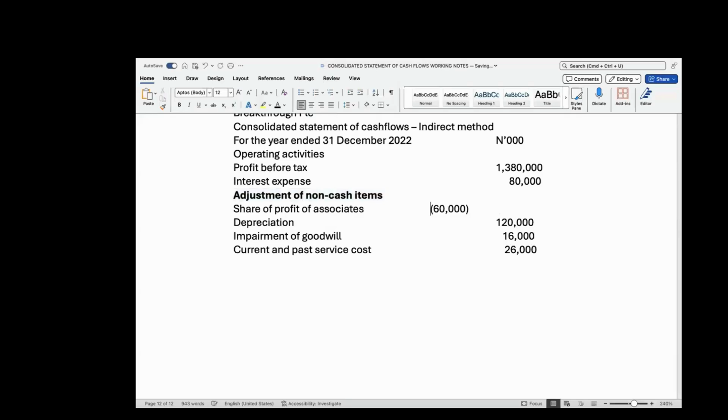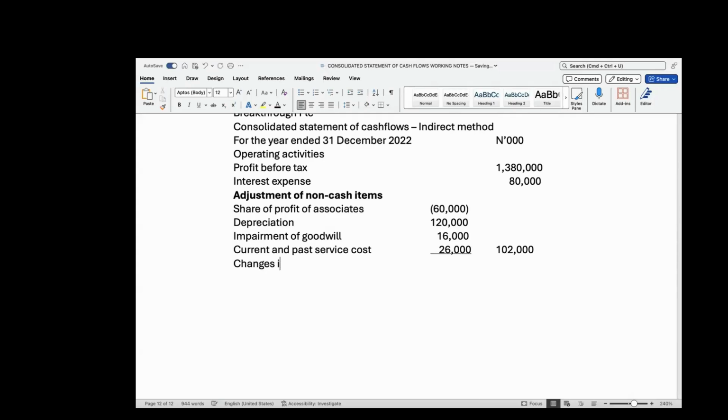So just to distinguish it, can you help me sum the non-cash items together? $102,000. 102.